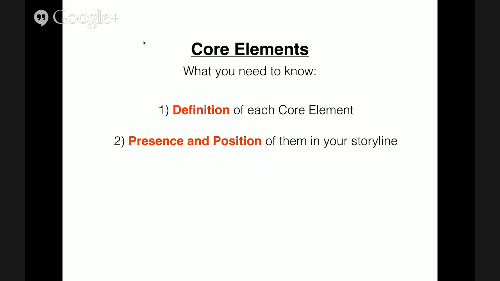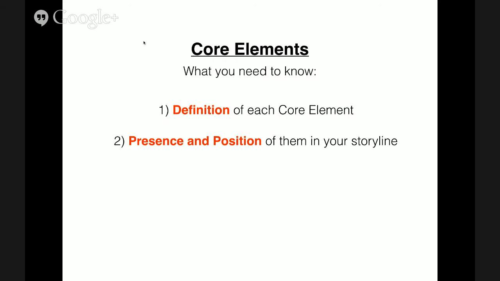Second thing is the presence and position of each of these core elements in your storyline. Your storyline, if it's a narrative film, is going to have all these core elements within it. Your characters are going to be doing something. They're going to be up against something. They're going to be striving for something.